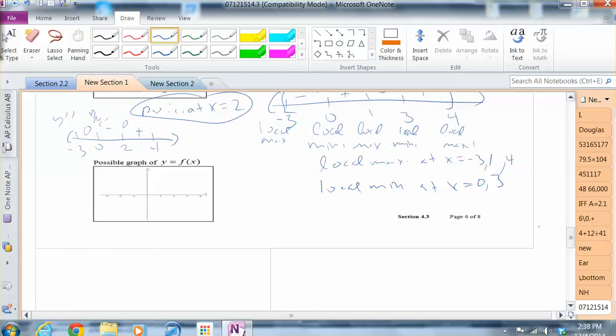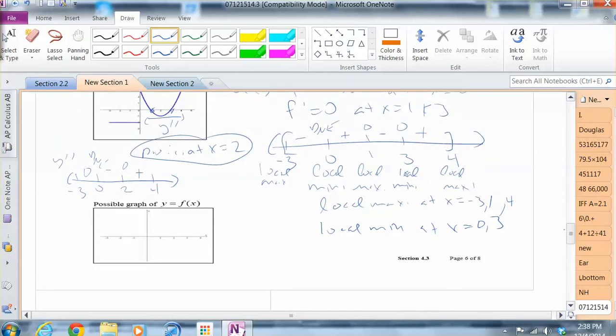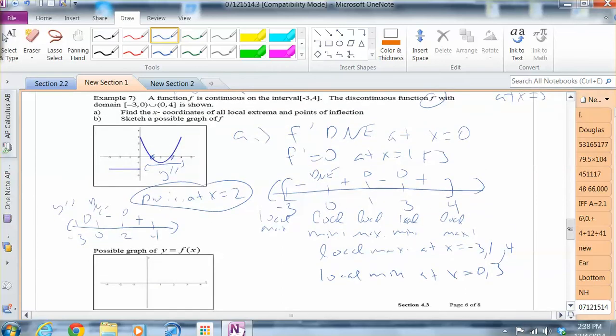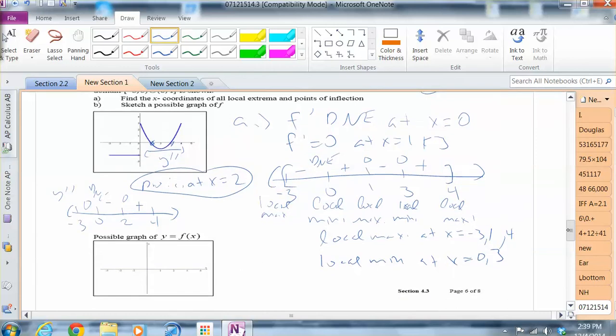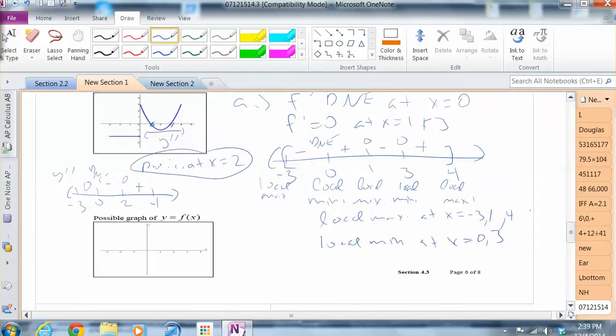So a possible graph could look something kind of like this. We could have a point at, well, we definitely want something not differentiable at x equals 0, and definitely want the function to be decreasing. And because the second derivative is 0 there, we'll probably want something that's a bit linear or a constant slope.